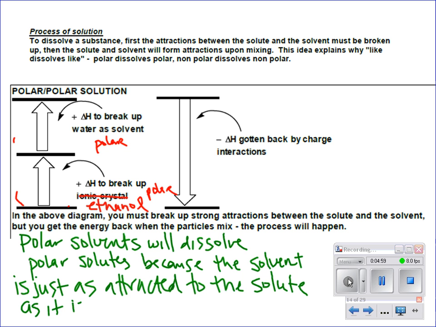Does that make sense? That's your safe way of saying it. The solute is just as attracted to the solvent as it is to itself, so hey, why not mix? Got it?